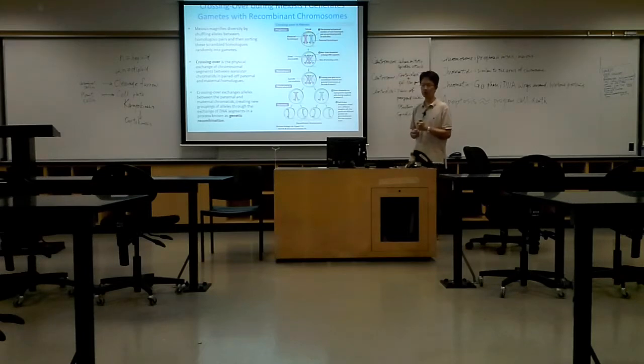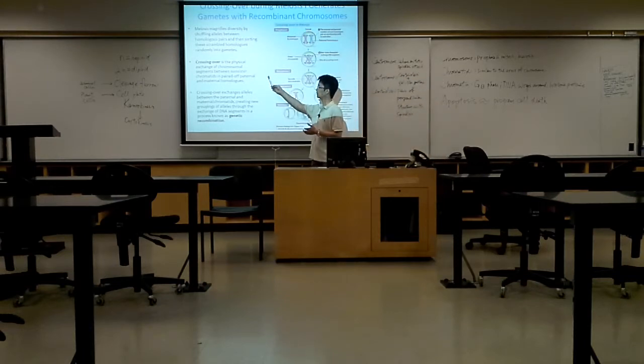So what are the two ways meiosis causes genetic variation? The first one is crossing over. I already talked about this. That means your parents are having sex. So during the crossover, remember which stage crossing over occurs in meiosis?